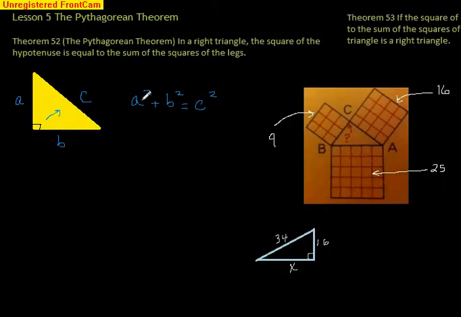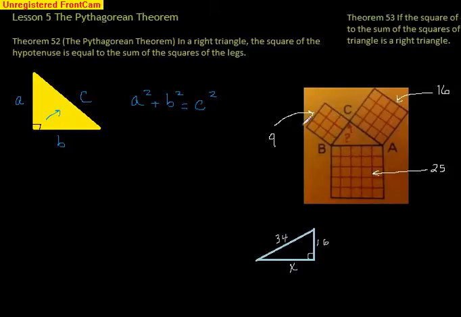I'm not going to prove this theorem, it's in your book if you want to look at it, it's kind of complicated. But if we look over here, here's a picture from your book. This is your hypotenuse right here. This would be A, this is B. If we square A, whatever A is, it would be 3.